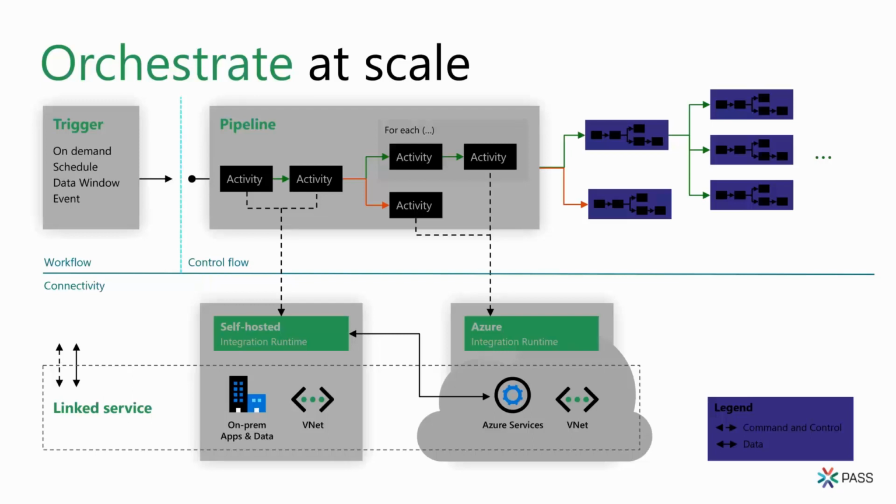But at a very high level, when we think about orchestration inside of Data Factory, everything that happens happens at the behest of a trigger. And that trigger can either be a scheduled trigger, an on-demand trigger, or a reactive trigger waiting for some event to happen. And then what that trigger does is it executes a pipeline.